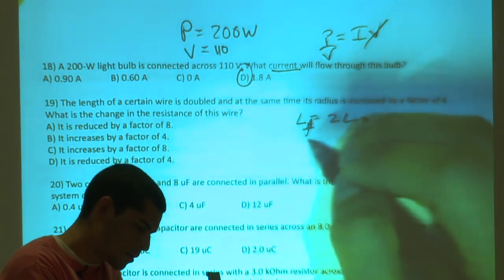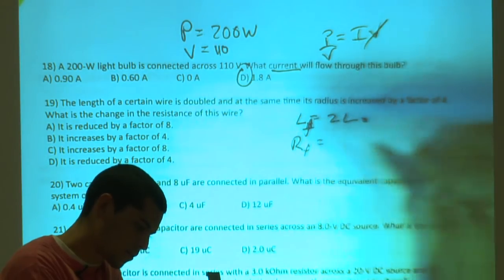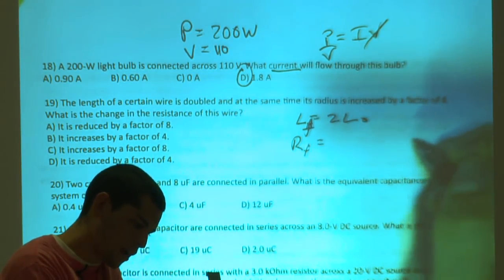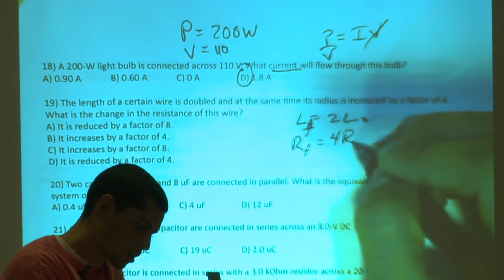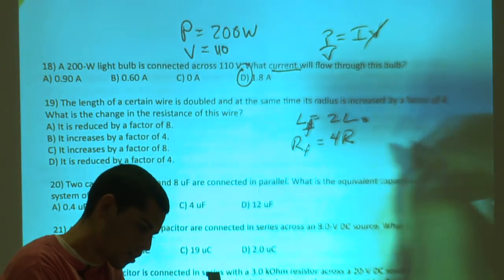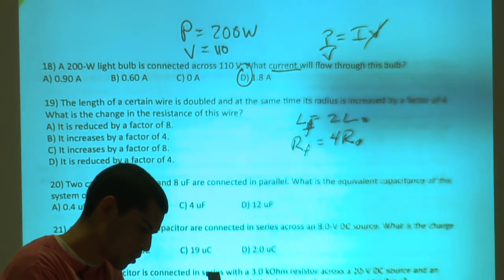And at the same time, its radius, so radius final, is increased by a factor of 4, so we have 4 R original.